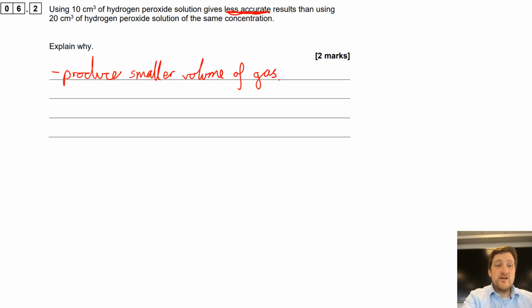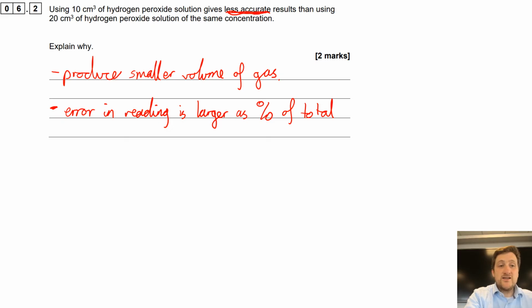So if we read 9 centimeters, it's going to be a bit harder than if we're reading 19.5 centimeters. It's going to be less accurate if we're using very small measurements. So the error in our reading is going to be larger. Not just larger, it's not going to be a bigger number, so it's not larger in that sense, it's larger as a percentage of the total volume.